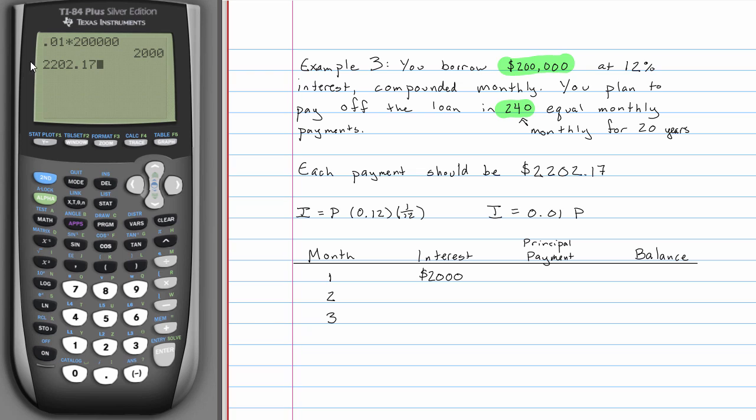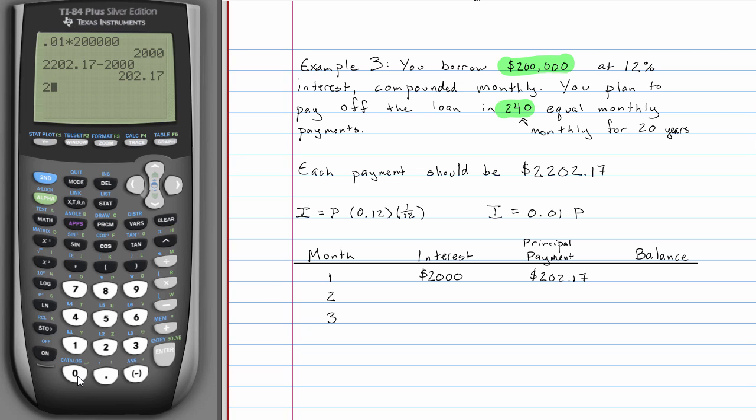Of the $2,202.17 I'm paying, a whole $2,000 is going toward the interest. Only $202.17 goes toward the principal. And gosh, the first few payments on these long-term loans really look like that. It's like basically everything you're paying is going toward interest, and you're just chipping away tiny little bits of the balance.